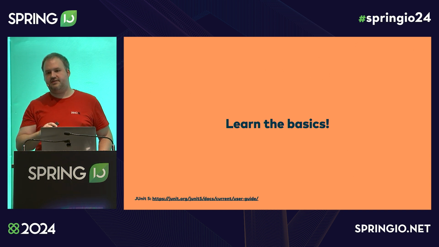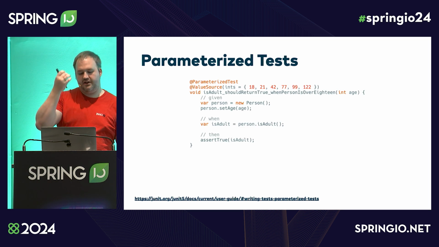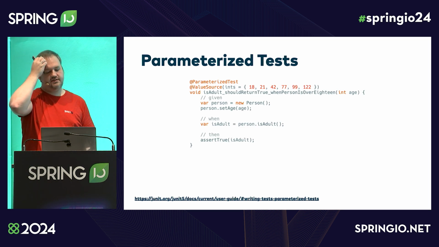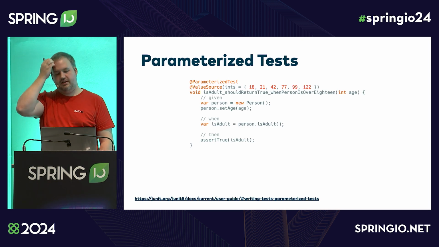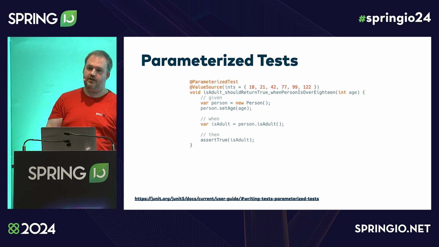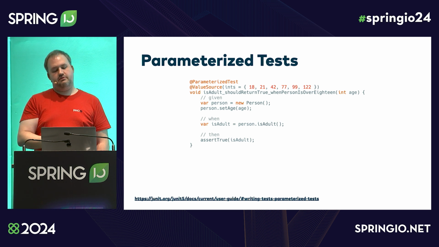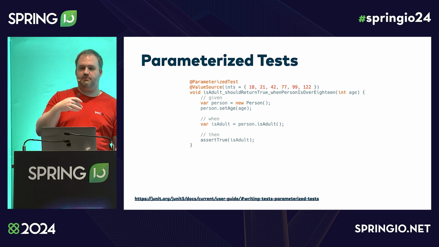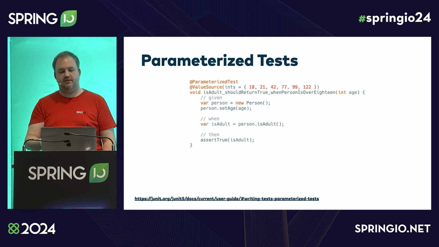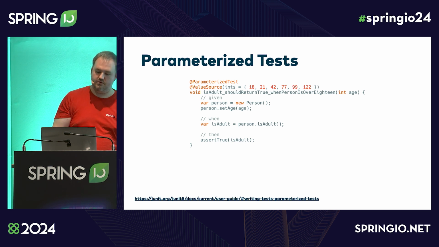And then JUnit has some more advanced stuff that you may or may not know. A highlight of mine is parameterized tests. For example, in this case, I want to test some isAdult method on a person. And now I could write a test for age 18, 21, 42, 77, 99, and 122.